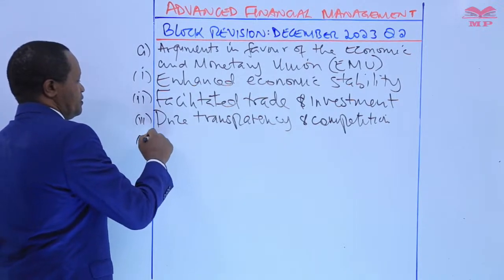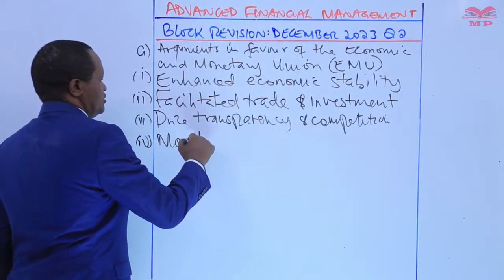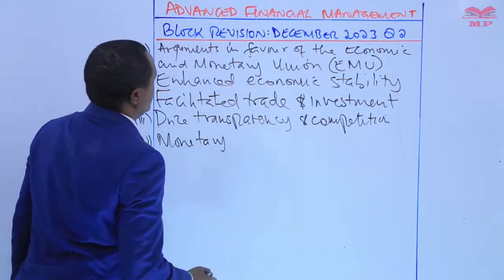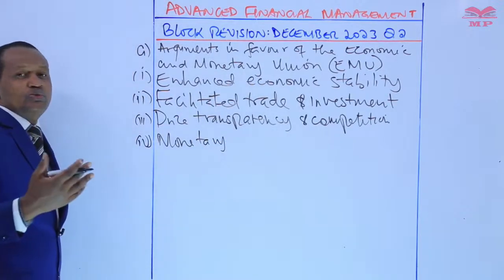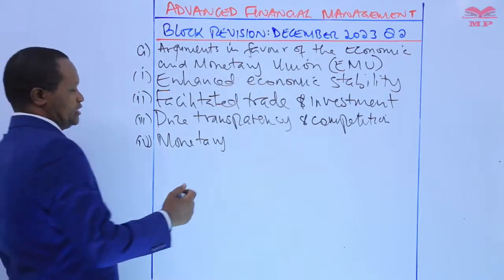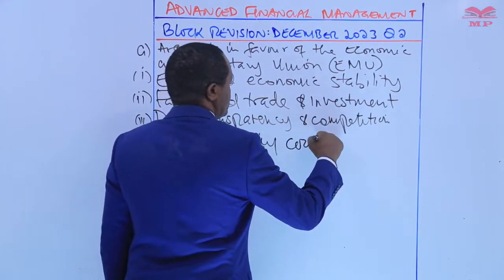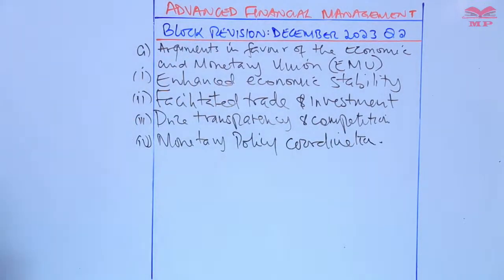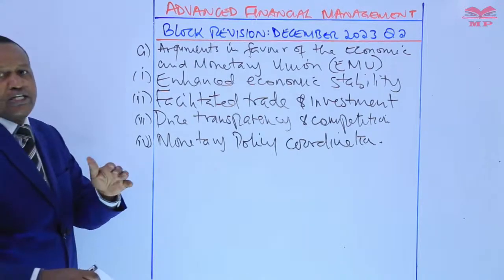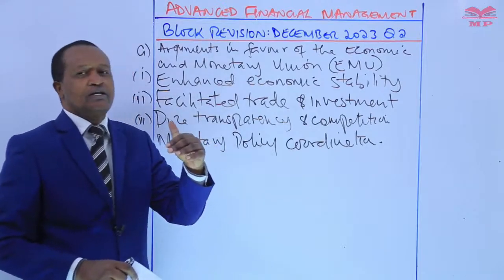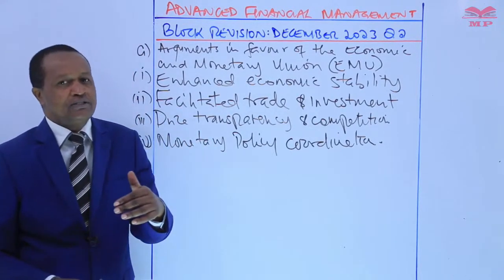Number 4, there is also an argument related to monetary policy. Monetary policy coordination. EMU allows for greater coordination of monetary policy among member states through the European Central Bank.